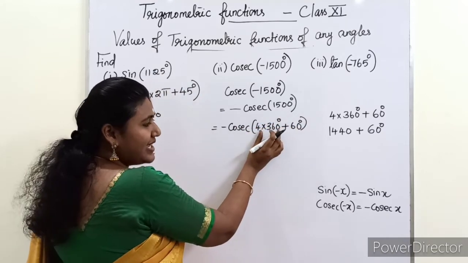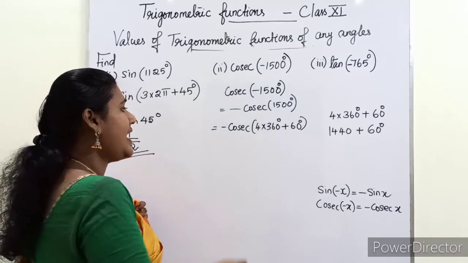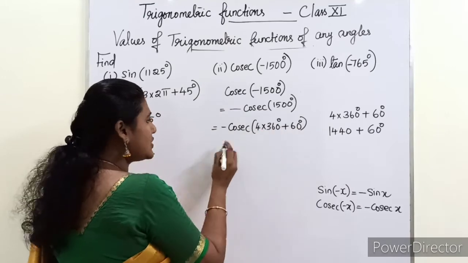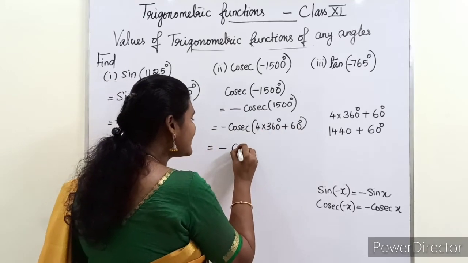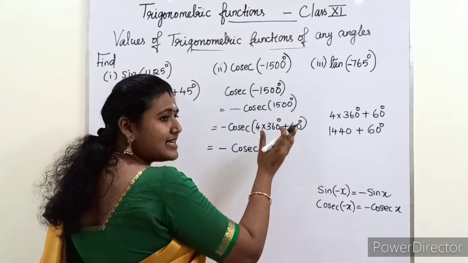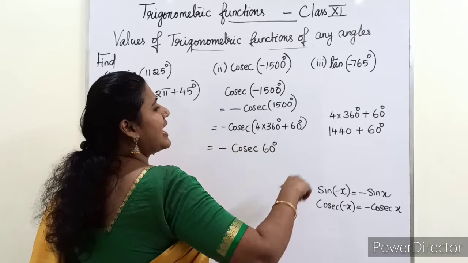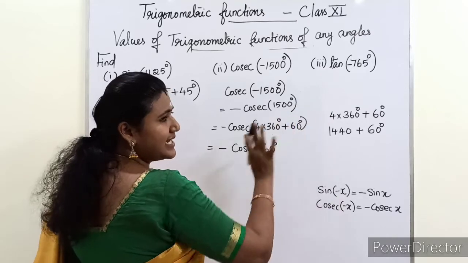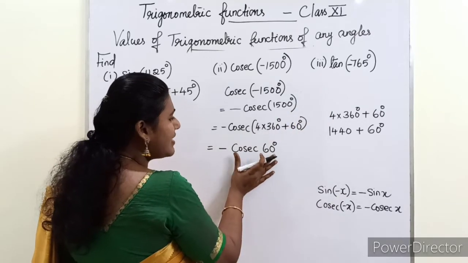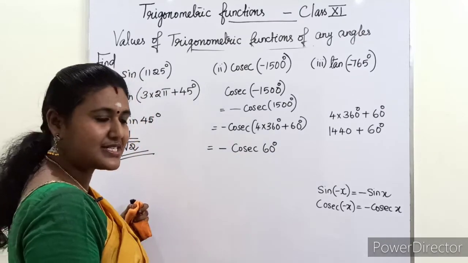Again, see here we have expressed it as an integral multiple of 2 pi, so the function will not change. So we can write minus cosec 60 degree, and here also the angle is in the first quadrant. It completes 4 revolutions and reaches the angle 60 degree in the first quadrant. So here the signs of all the trigonometric functions are positive.